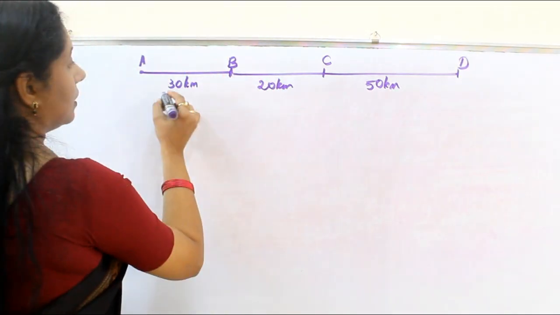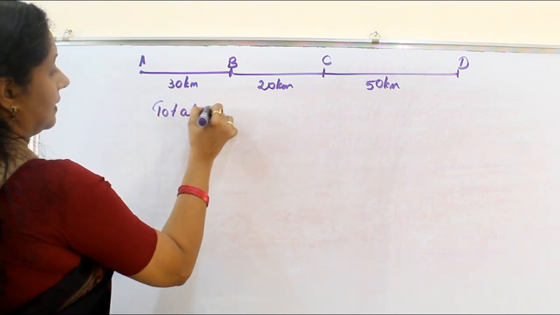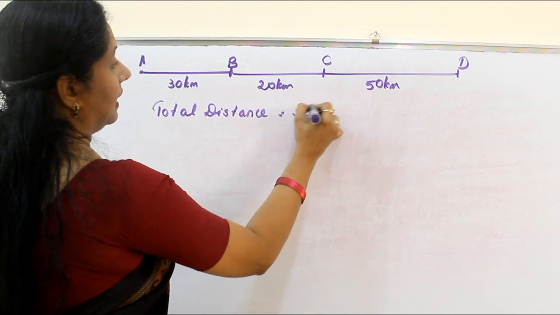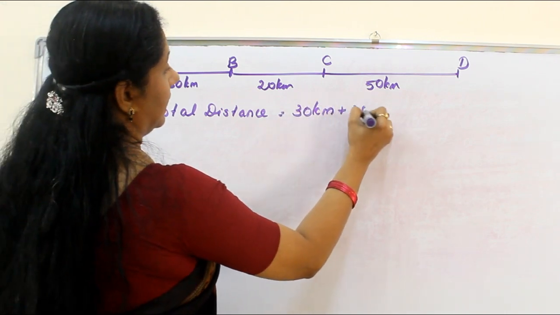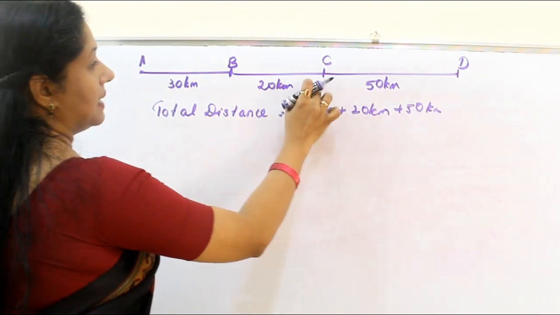So here we can see that the total distance traveled by you is 30 km plus 20 km plus 50 km, that is AB plus BC plus CD.